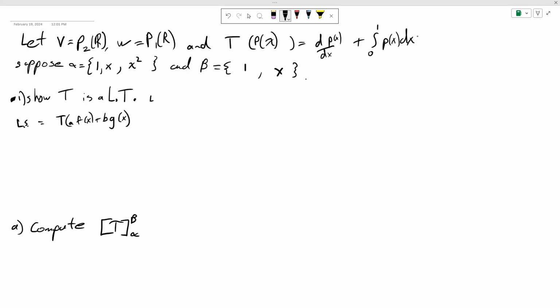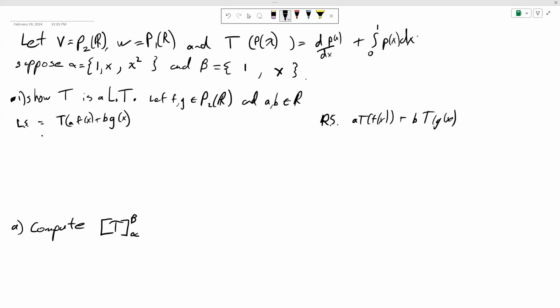And here we're going to let f and g be in P2, defined over the reals, and A and B be real numbers. Our left side is T of A f plus B g of x, and our right side is going to be A T f of x plus B T g of x.